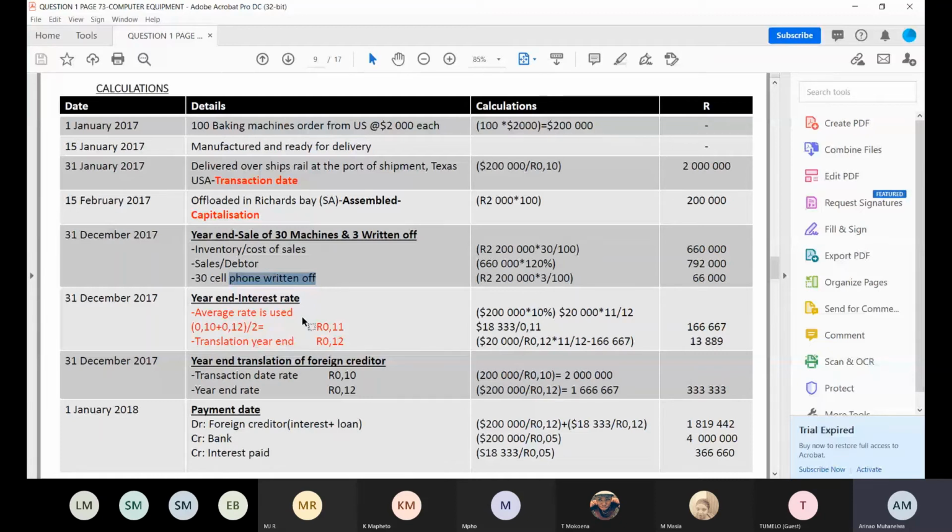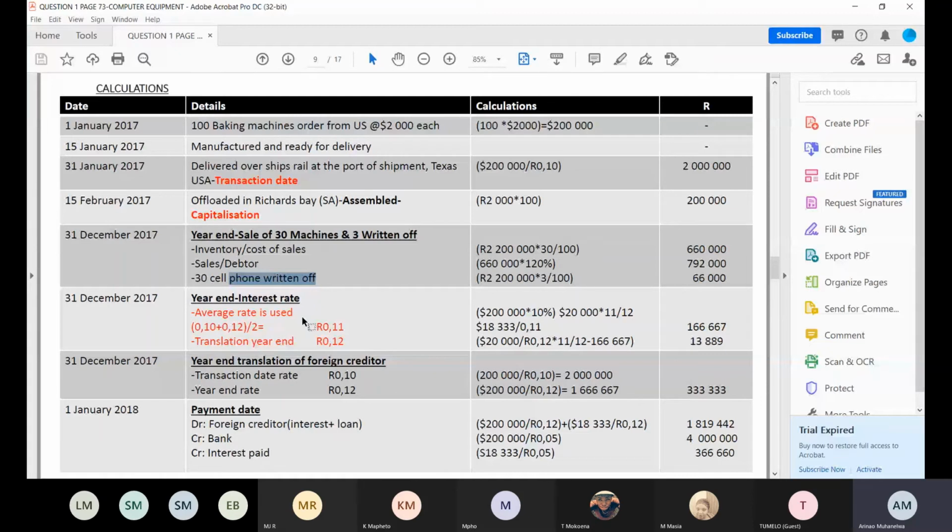Now, let's go to the 15th of February 2017, we're still in 2017. So they were offloaded in Richards Bay in South Africa and assembled. And it was 2,000. So we're going to capitalize it. To capitalize it, that means we're still going to debit inventory, which is our machinery, and credit bank, because we paid for that assembly, which is 200,000.